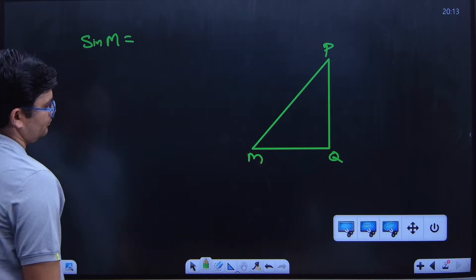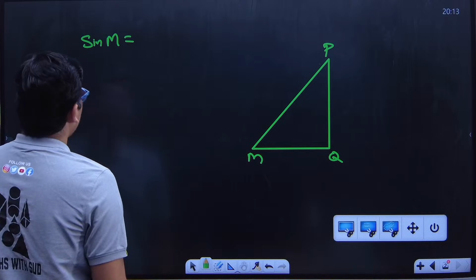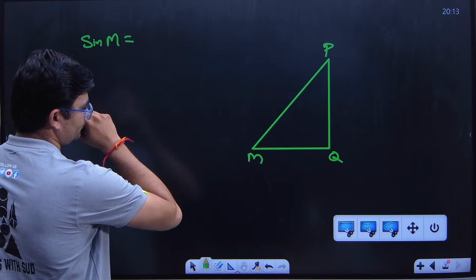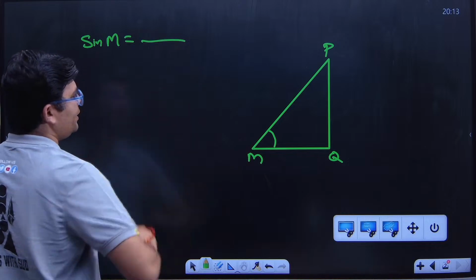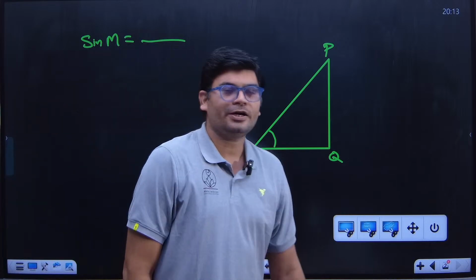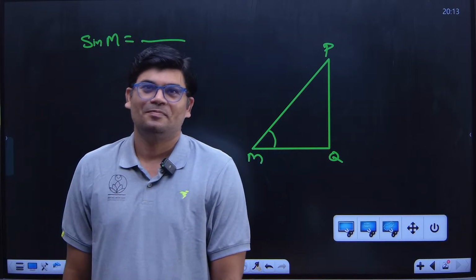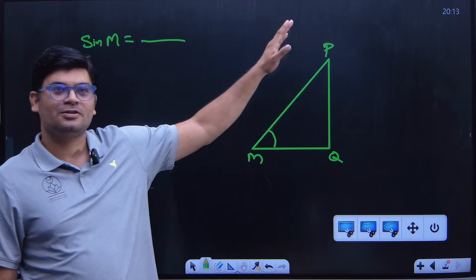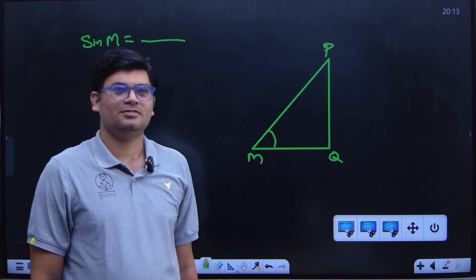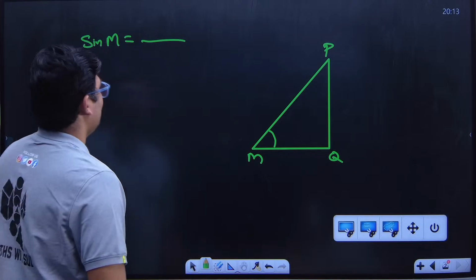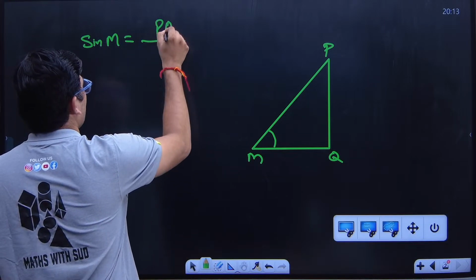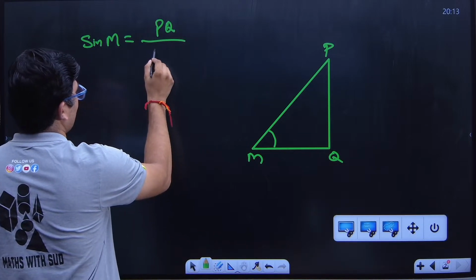PM by MQ? No, in none of the cases is the hypotenuse in the numerator. PM is the hypotenuse. Oh, sorry. It'll be the perpendicular, so you will say PQ or QP upon PM.